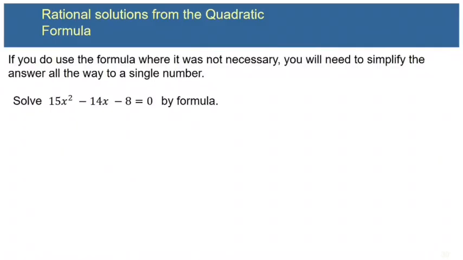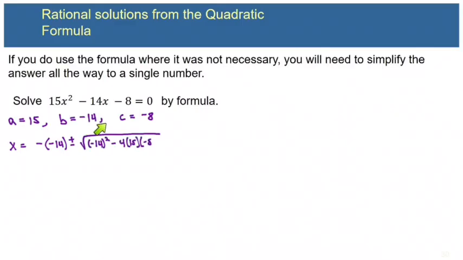And I know for sure that it could be factored, but let's go ahead and do it by formula anyway. So let's say that a is 15 and b is negative 14 and c is negative 8. Okay, now x equals negative b plus or minus the square root of b squared minus 4ac all over 2a.